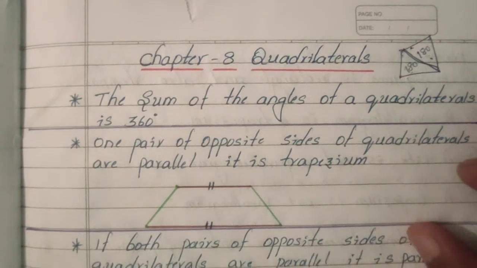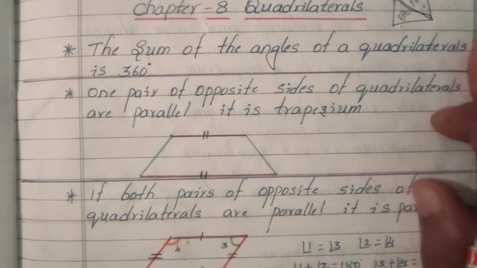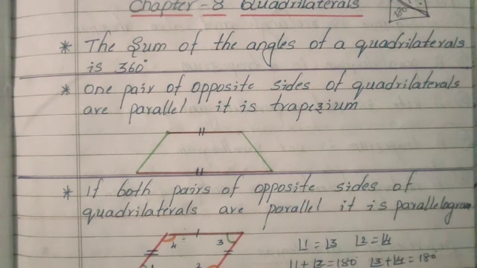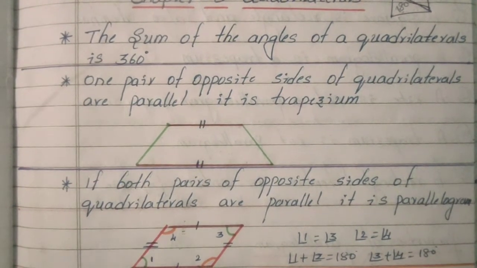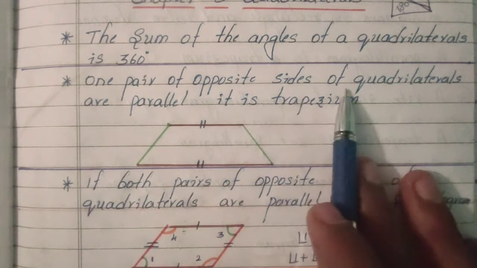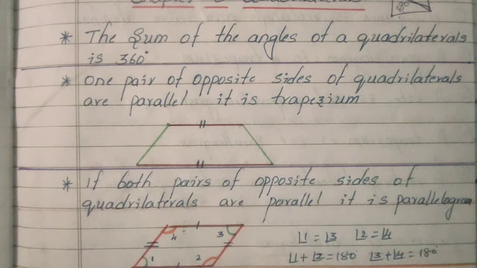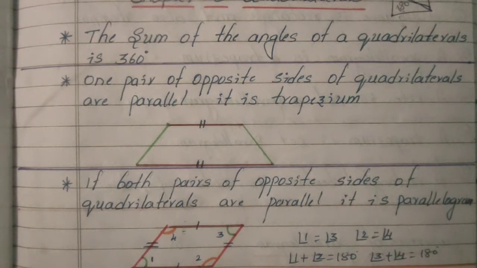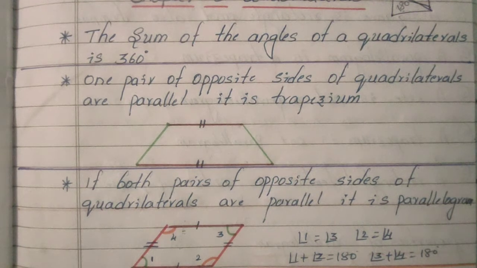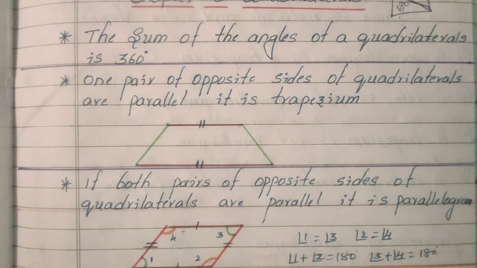Now let's talk about types of quadrilateral. If one pair of opposite sides of a quadrilateral is parallel, then it is said to be a trapezium.